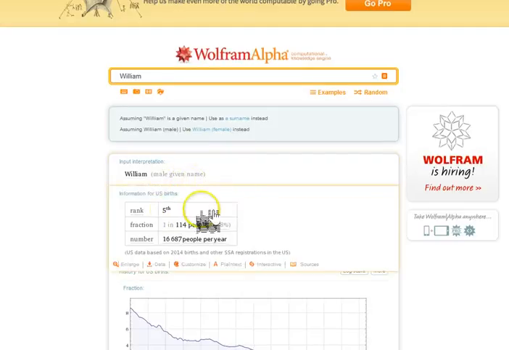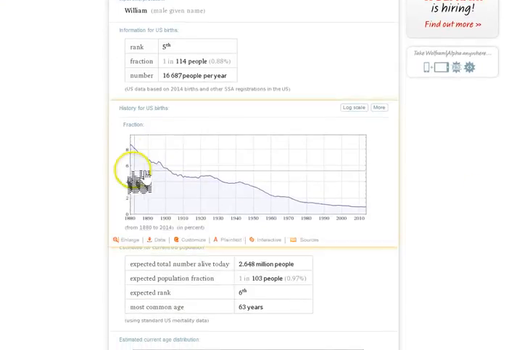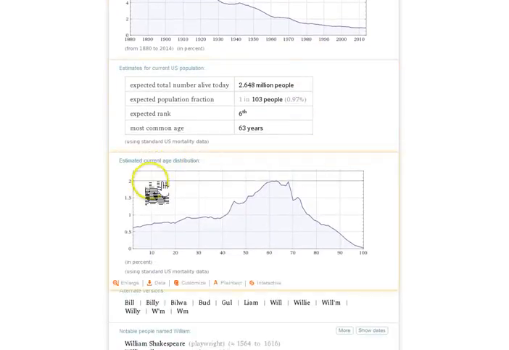It is currently ranked 5th in usage for babies being born in the US. You can see over time how popular it's been. It used to be really popular, and now, well, it's still pretty popular, but not like it used to be. Estimated age, current age distribution.